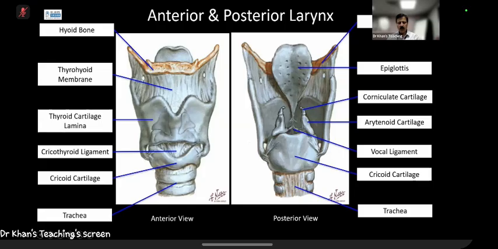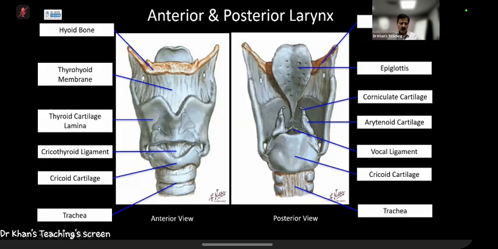Don't worry about the small corniculate cartilage. So first of all, let's do the thyroid cartilage. Now the thyroid cartilage is the largest cartilage of the larynx. And this is what we call the Adam's apple. If you touch your neck right now, you can feel it here. This is the Adam's apple.